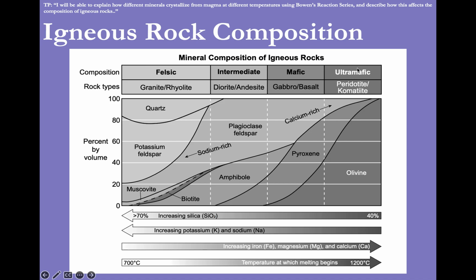Your ultramafic rocks will be rich in olivine, and you would have some calcium-rich plagioclase feldspar and some pyroxenes in there. Your mafic rocks are calcium-rich. There is some olivine in it. There is some pyroxene, some amphibole within these rock samples.